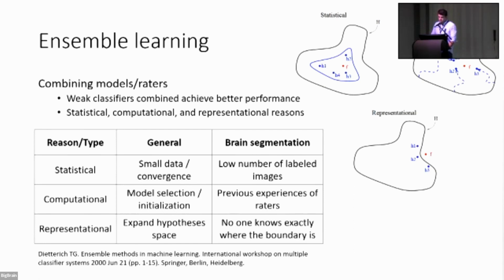And representational, as I said, no one really knows where the boundary is. So maybe no single person can give us accurate delineations. And by combining three different raters or combining their knowledge, we can even extend the search space in this matter.